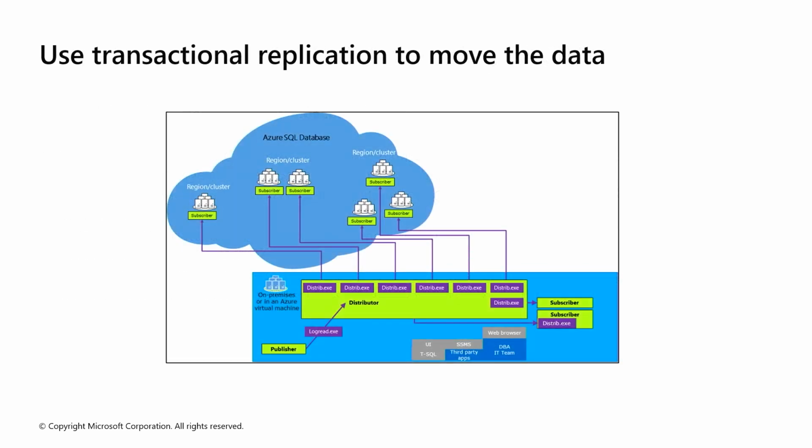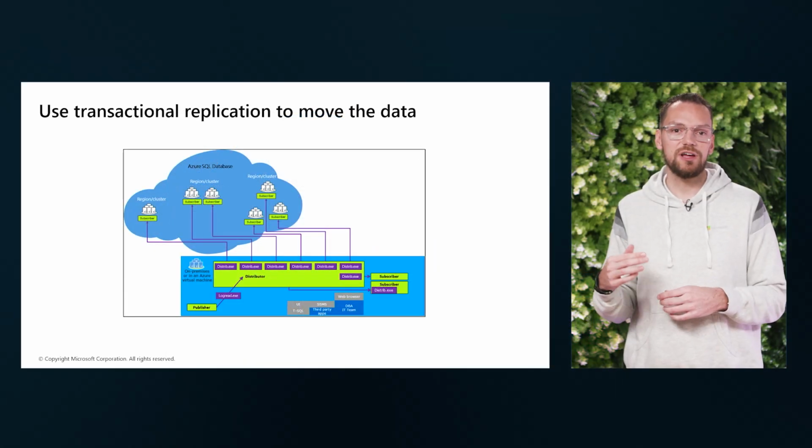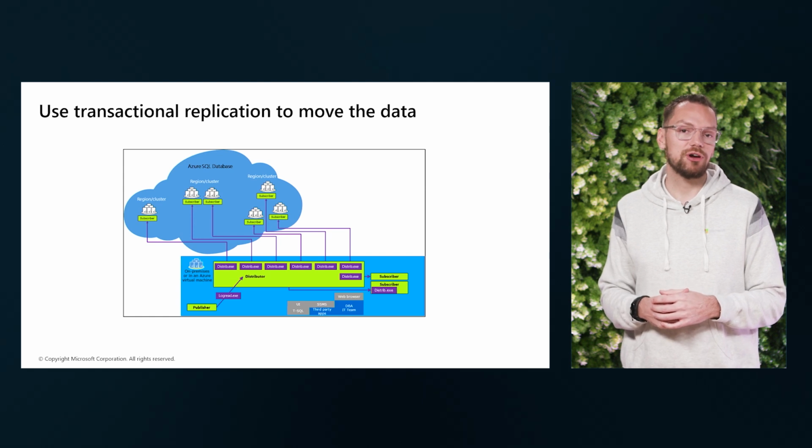Transactional replication is a powerful method for moving data efficiently between databases. It allows for real-time data synchronization, which is important for applications that require up-to-date information. This approach is useful in scenarios where high availability and disaster recovery are priorities.